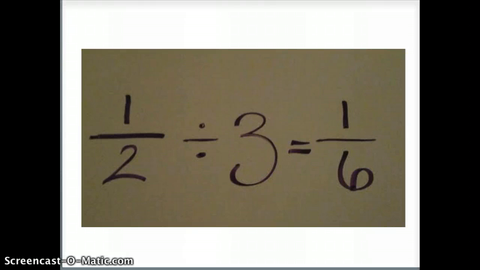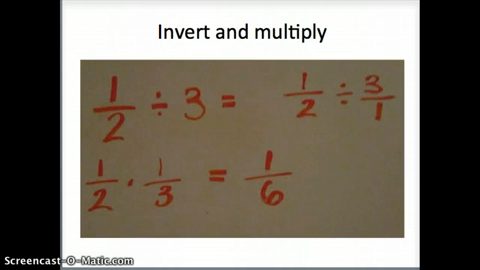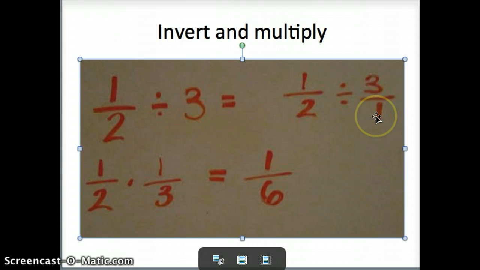So how I got 1/6 was I inverted and multiplied, because that's just the simplest way for me to do it. So I started with 1/2 divided by 3 is equal, and then I like to put the whole number into a fraction, so you have two easy fractions to work with. So it changes to 1/2 divided by 3 over 1.